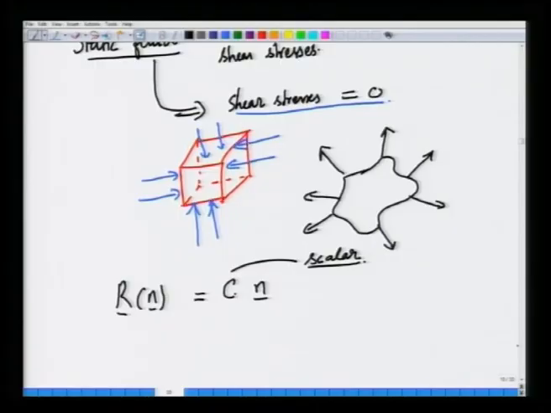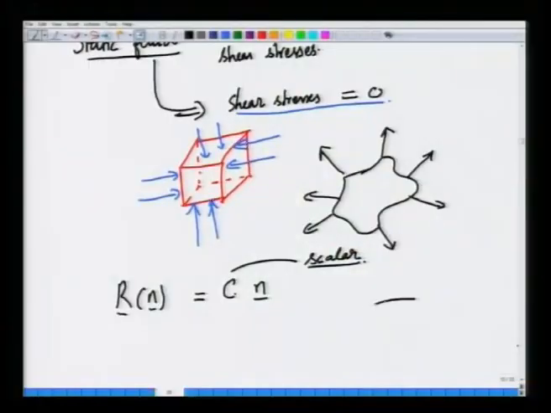Scalars are quantities described by a single numerical value at a given point in space. For example, temperature at a point has only one value and no sense of direction. Likewise, you can ascribe a value of density to a point in a fluid within the continuum hypothesis, but there is no sense of direction associated with density. Whereas quantities such as forces and velocities are vectors, which have a magnitude, that is a numerical value, as well as a sense of direction at a given point in the fluid. So, this constant C is a scalar.